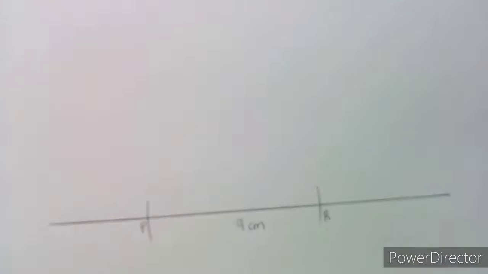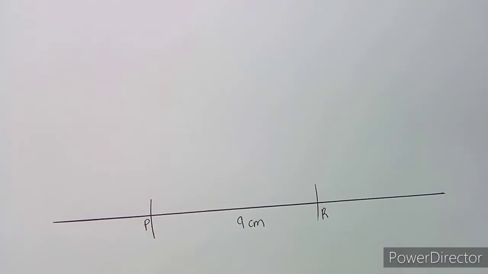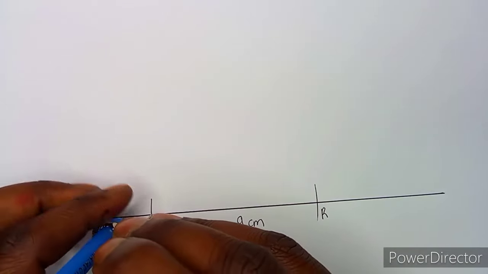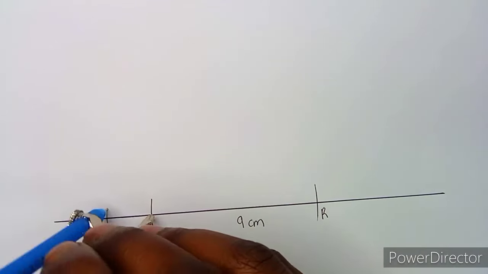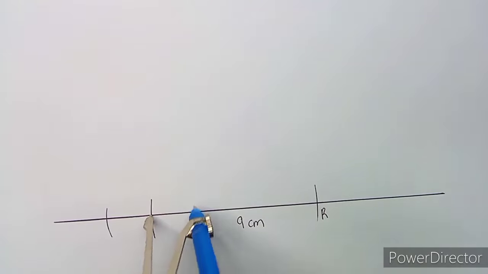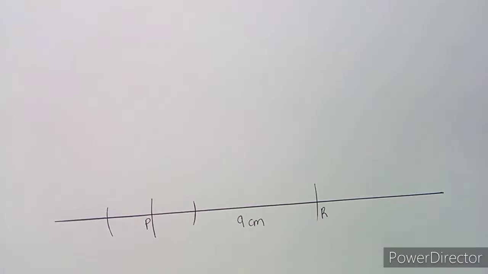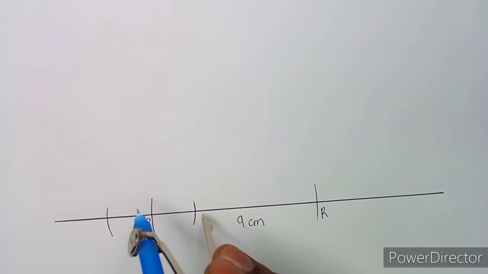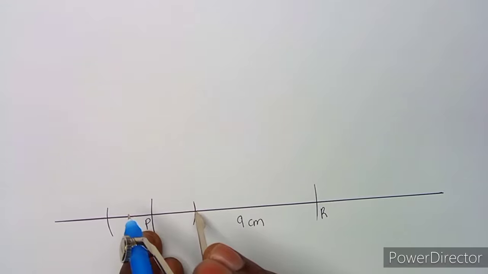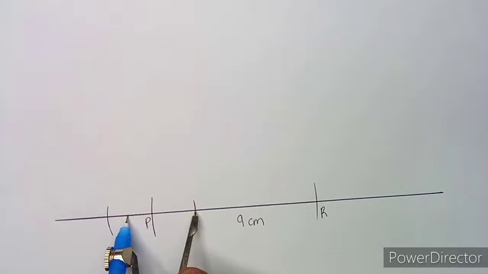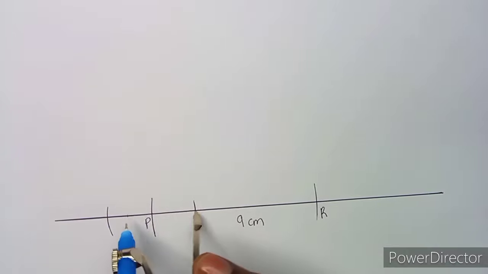So you have to construct 90 degrees from P. Remember, for 90 degrees, you mark 2 points from that P with the same distance. Then you open more than half of the line from these 2 points, which means just after P, let's say somewhere here. This is more than half actually.